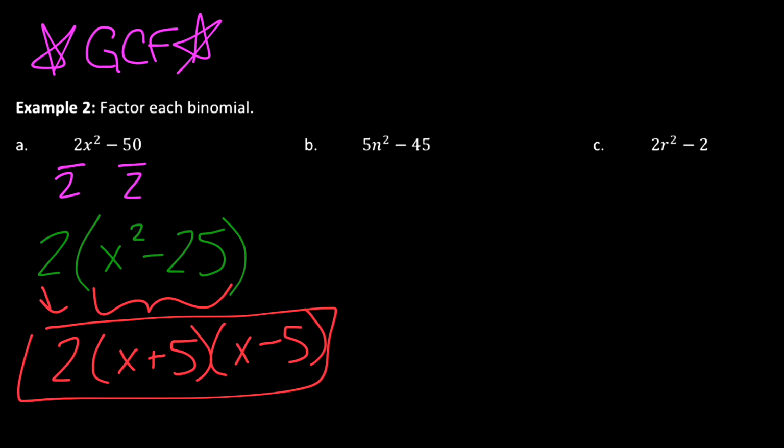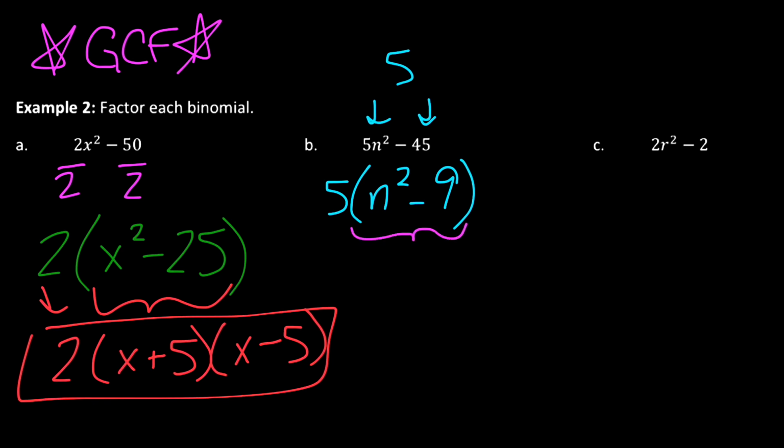To see another example of that, I'm looking between these two terms. They share a 5. So we will factor out that 5. Now I'm left with n squared minus 9. And once again, I can go ahead and factor this as a difference of 2 squares. So n plus 3 times n minus 3. And lastly, that 5 stays out in front.